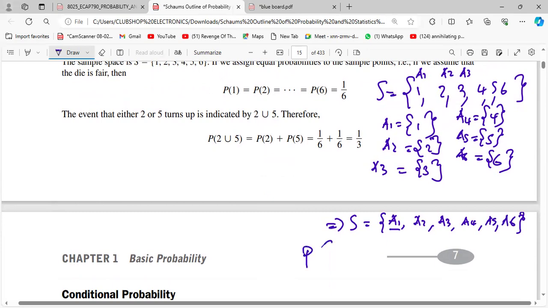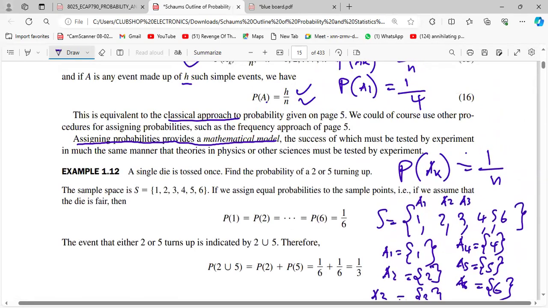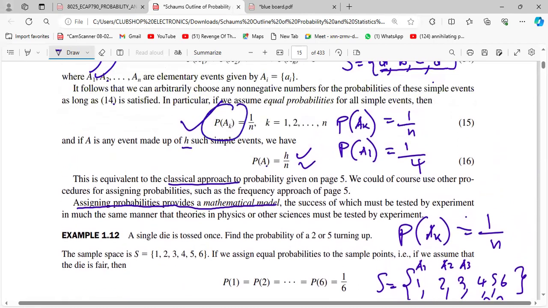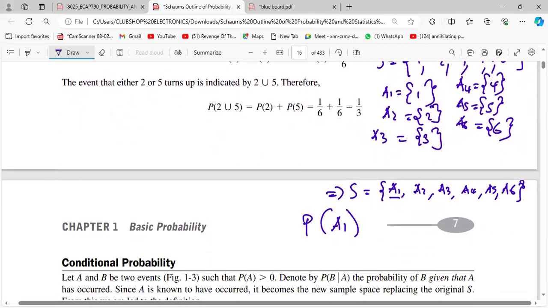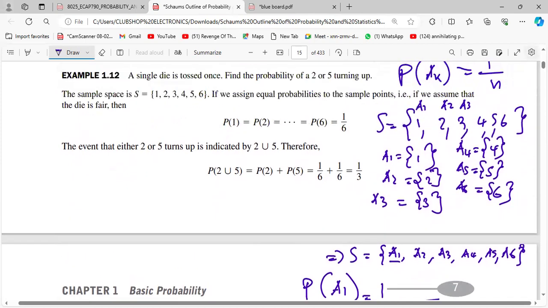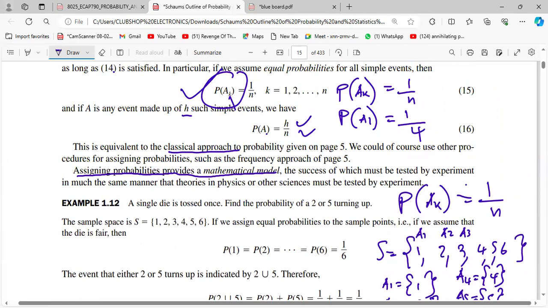So now, the probability of AK here will always be equal to how many A1s do we have here? There's only 1, divided by how many entries we have. That is n. In this case, there are 6. That is what we find.